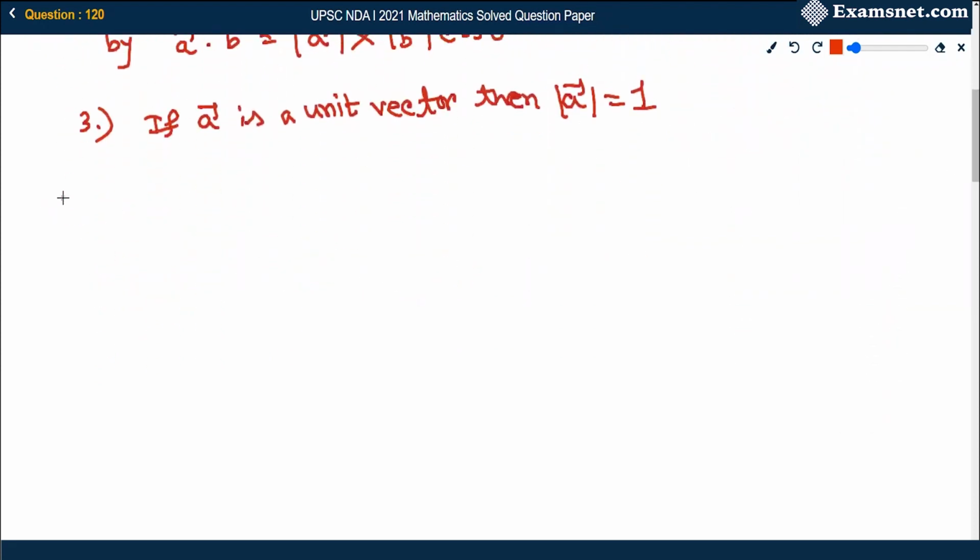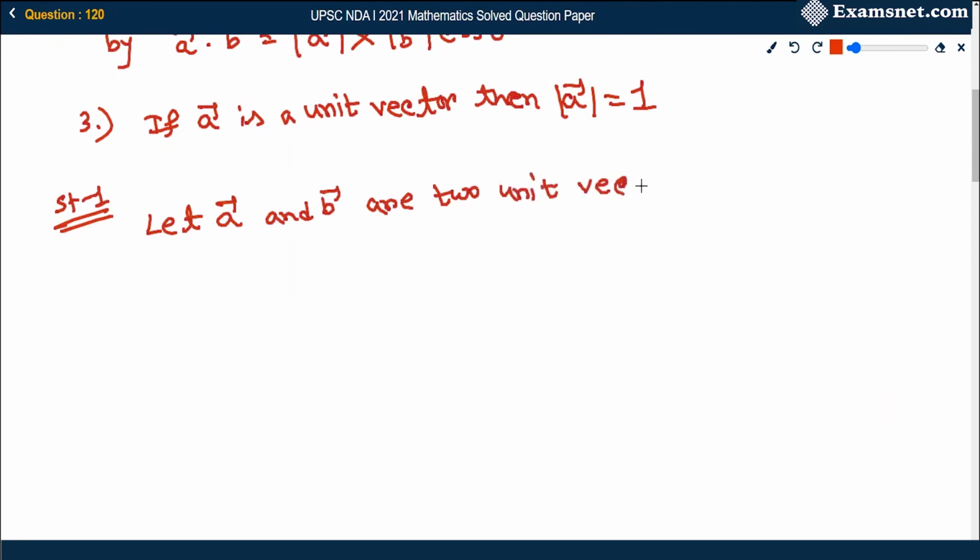Now let's start discussing with the first statement. Okay. Statement 1. It is given that the cross product of two unit vectors is always a unit vector. Let's check. Let A and B are two unit vectors. Since they are unit vectors, so we can write mod of A equals mod of B equals to 1 from 3, right?